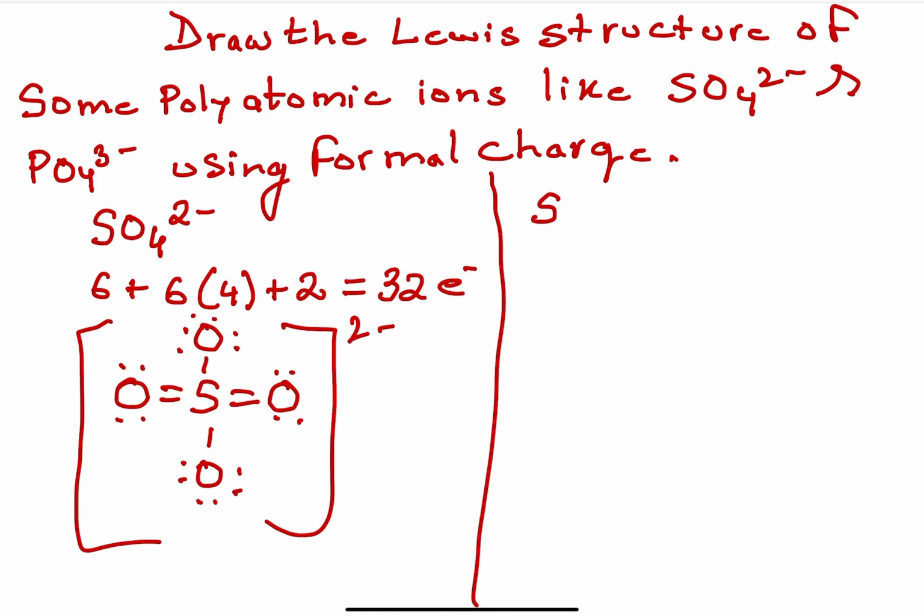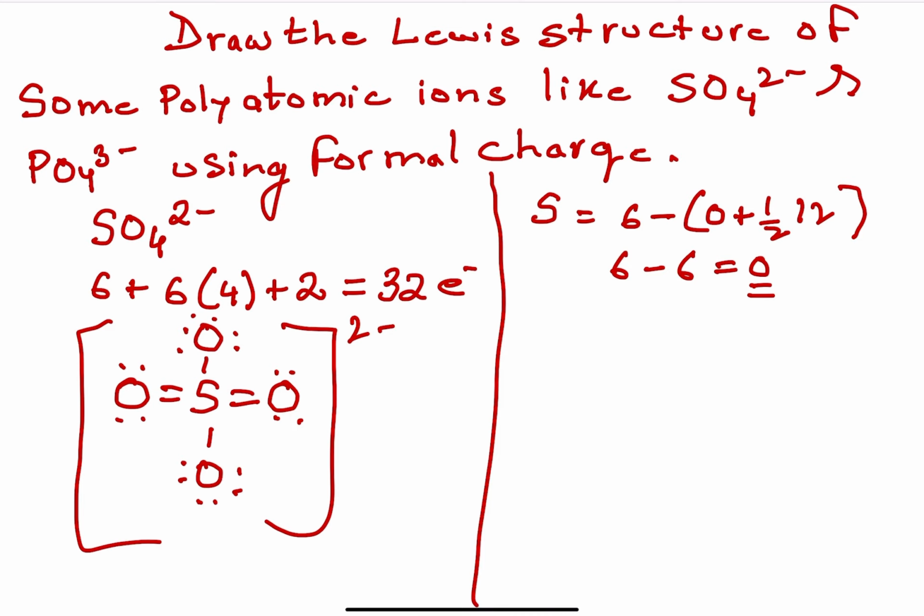Sulfur has 6 valence electrons, minus the lone pair electrons. There are no lone pairs over here, so 0, plus half the number of bonding electrons. How many bonding electrons are there? 1 2 3 4 5 6 7 8 9 10 11 12. So 12 over here. So 6 minus 6 equals 0. The formal charge of sulfur is 0.